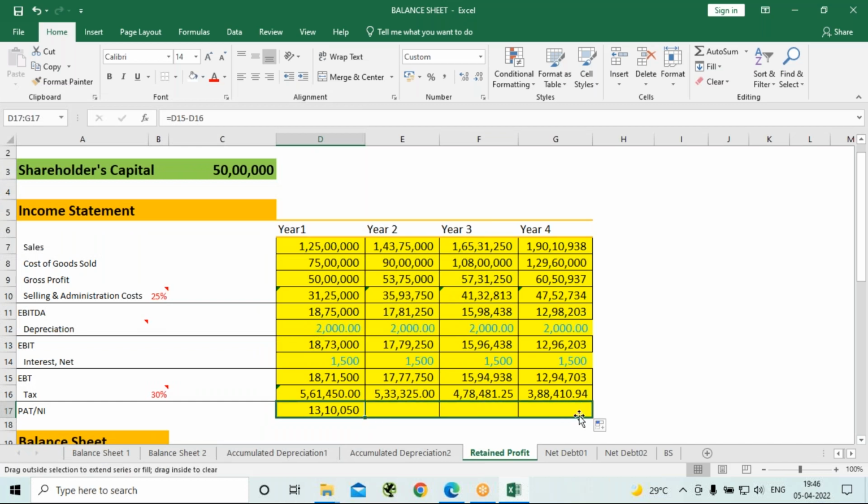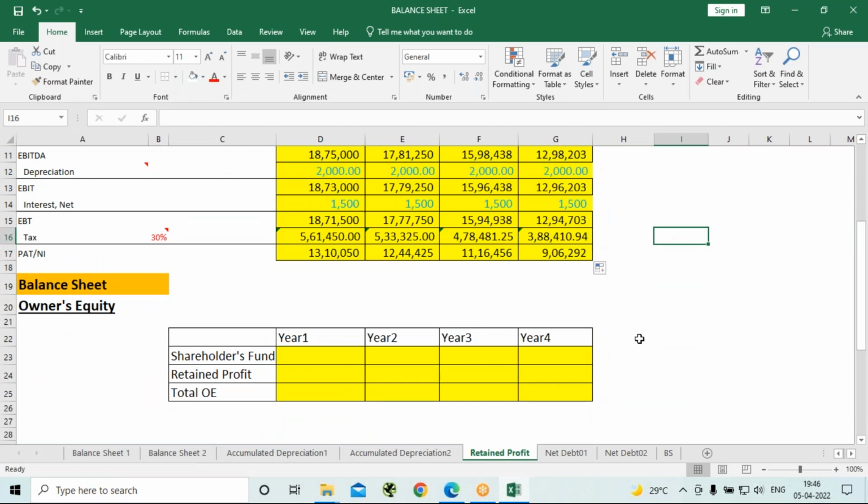So this is going to be the net income finally.